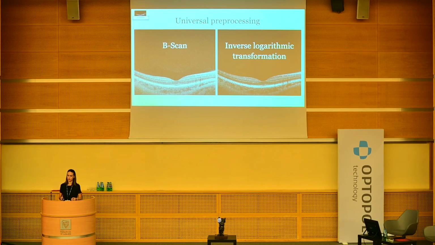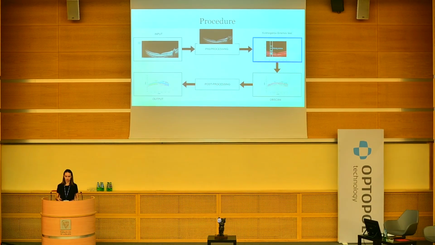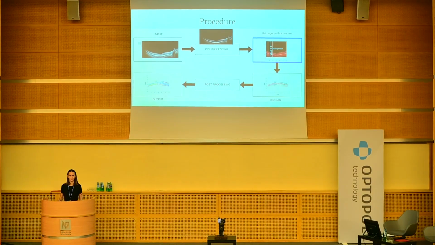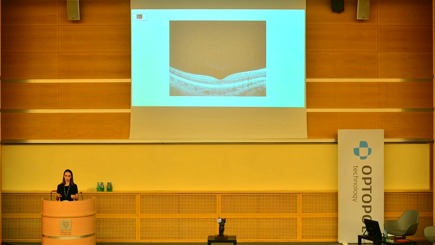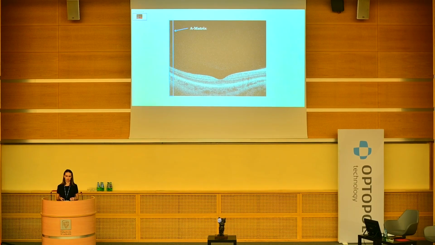And with that information, the third step, the windowing with Kolmogorov-Smirnov test, can be proceeded. To start with, let's divide the image vertically into columns called A matrices. Then, the statistical moving window is applied to the certain currently analyzed column.